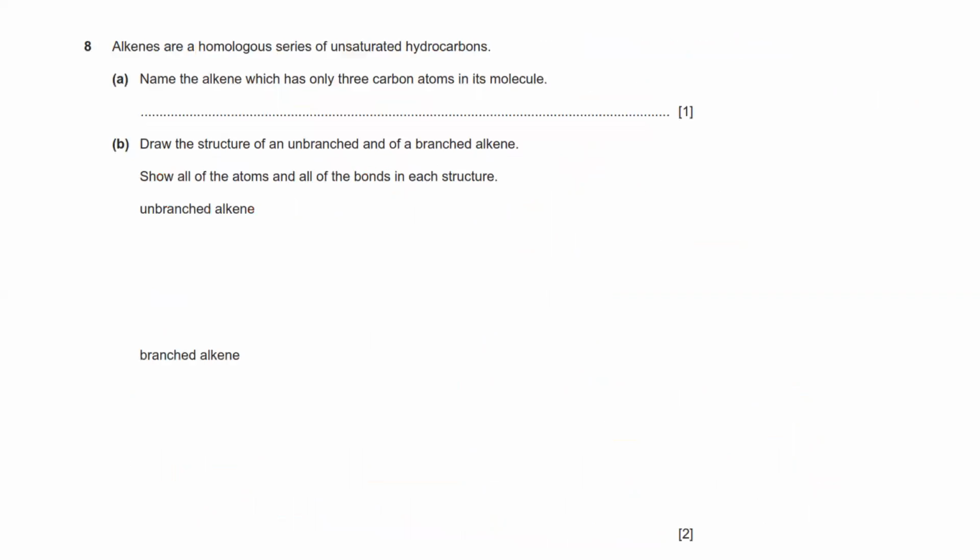So moving ahead, question number 8, the second last question. It says alkenes are a homologous series of unsaturated hydrocarbons. Name the alkene that has only 3 carbon atoms. So the alkene with 3 carbon atoms is propene, and this is C3H6.